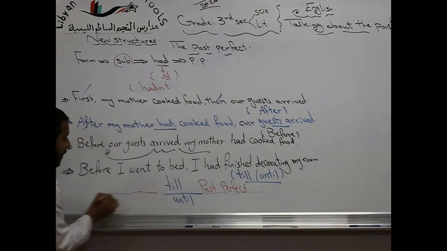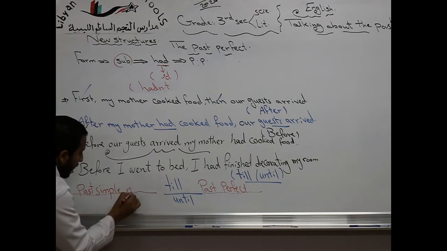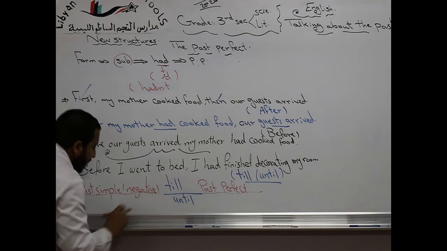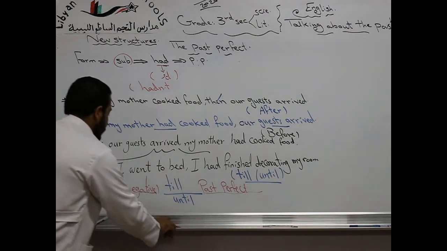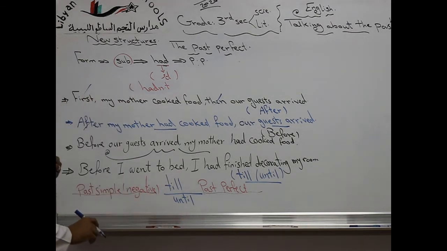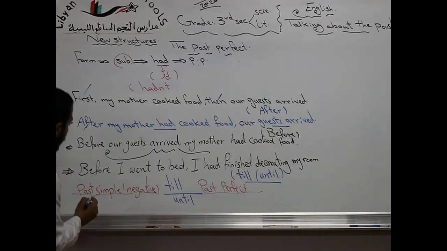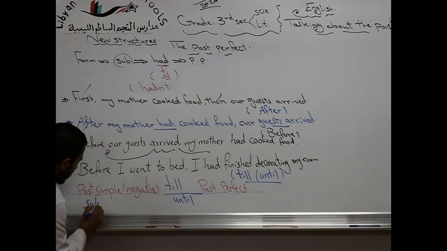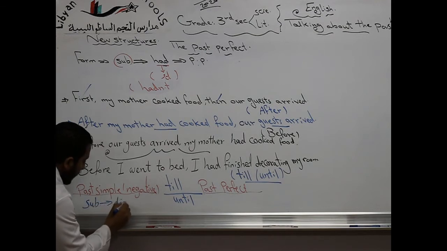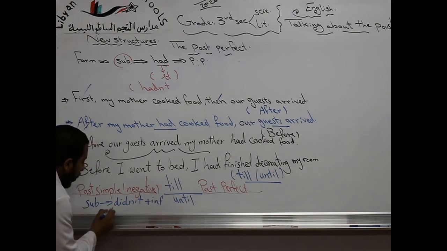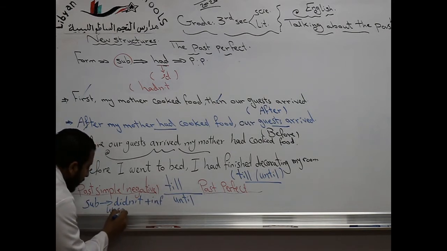The first action must be past simple negative. How can we make a sentence in the past in the negative form? We use subject, didn't, followed by the verb in the infinitive form, or wasn't and weren't.